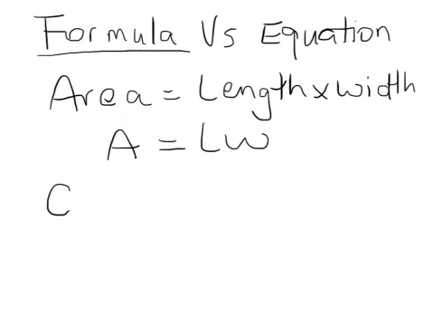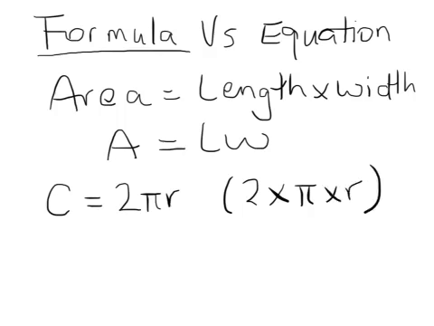The circumference of a circle is equal to 2 pi r, which is 2 times pi times r. In a formula, you'll see that there are multiple variables: C, pi, A, L, W. There's a relationship between each of the variables or terms that allow us to find the unknown.